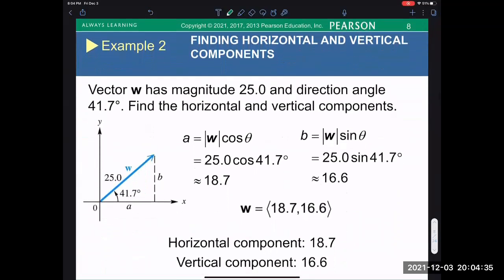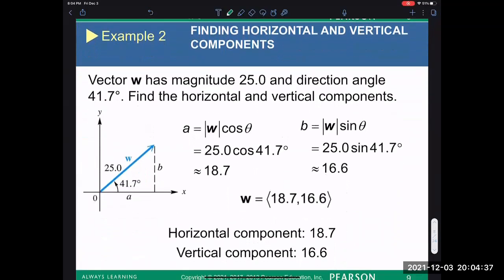In example 1, we were given A and B, and we found the magnitude and theta. And now in example 2, we are given the magnitude and direction angle theta, and we're going to find the horizontal and vertical components, namely the A and the B value, to express the vector that way. So they just plug into the formula.